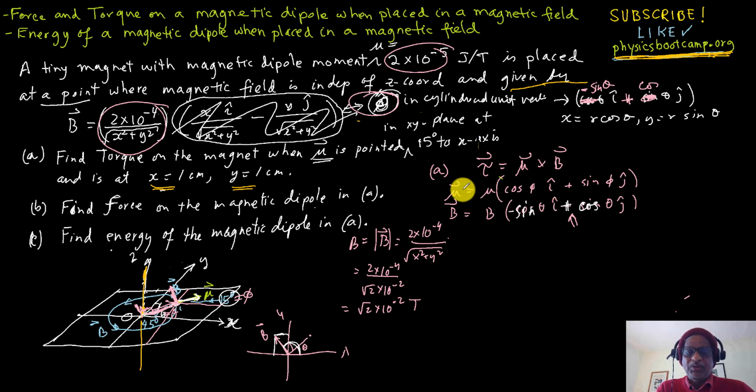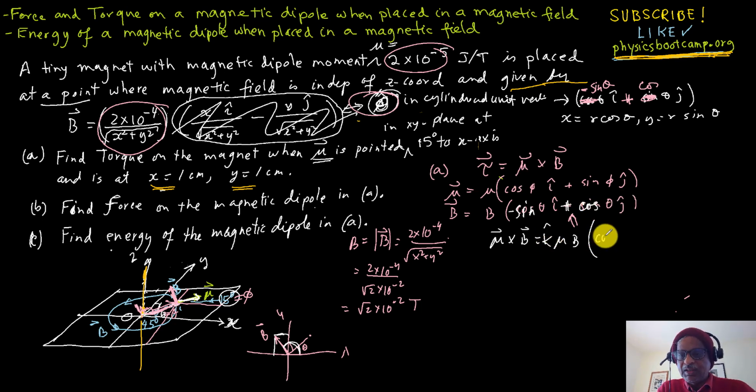When you do a cross product, mu cross B, this with this will give me 0, so this will be i hat cross j hat, which is the k hat direction.